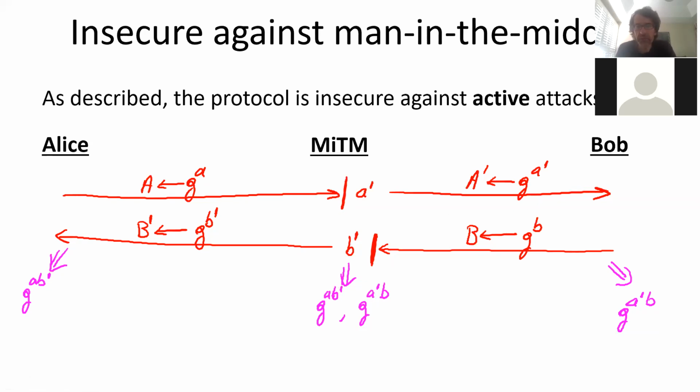Everybody knows what a Diffie-Hellman key exchange looks like. So everybody can pick little a, little b, little c, little a prime, right? And just run on those inputs.